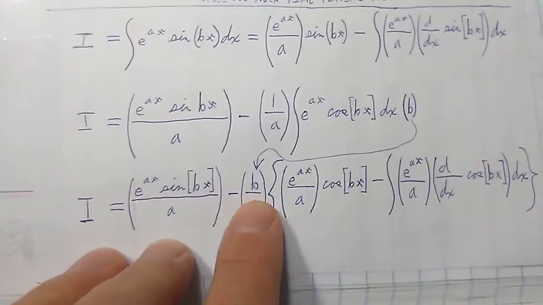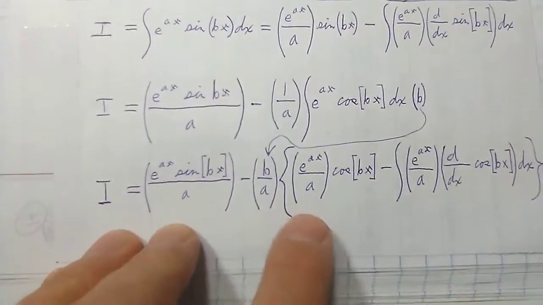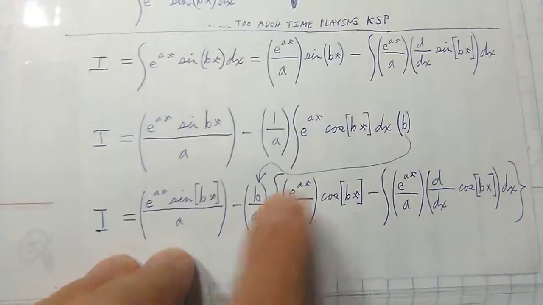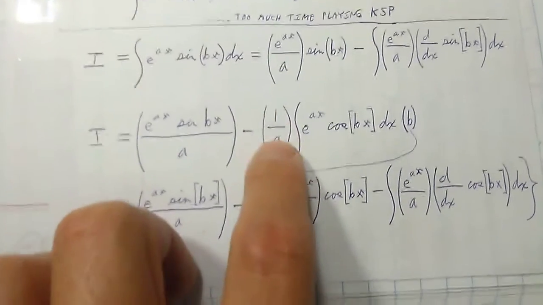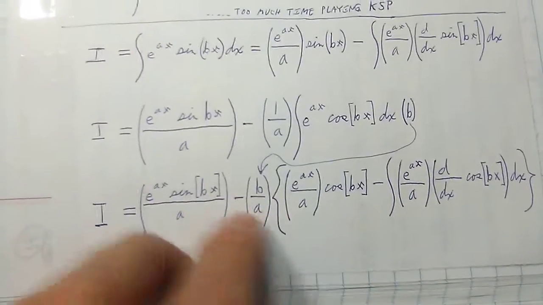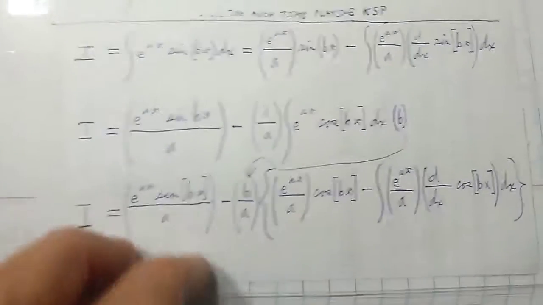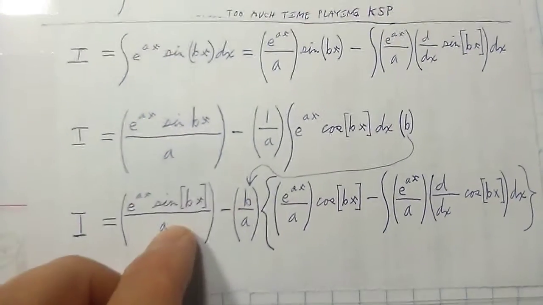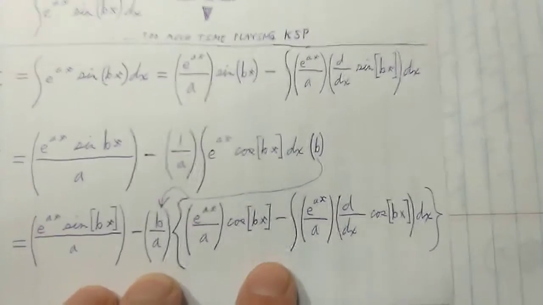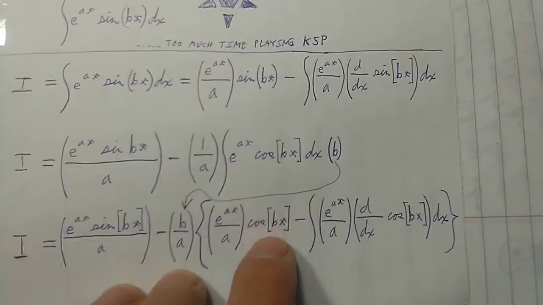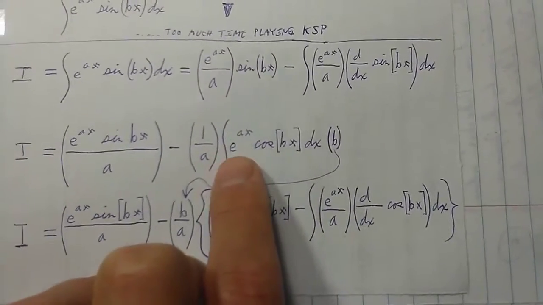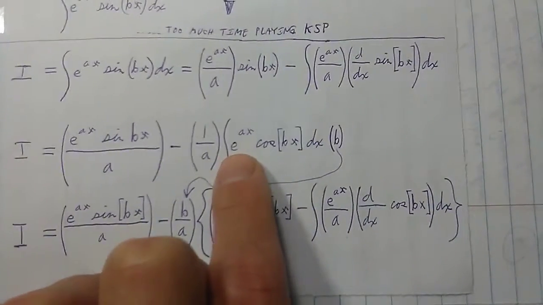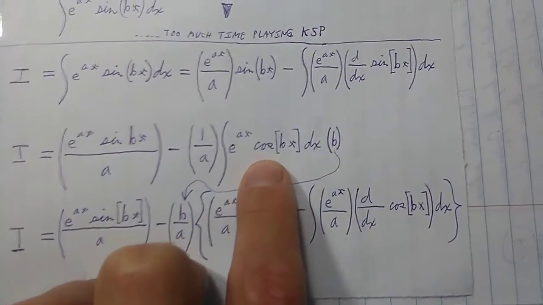And then coming down here, we carry through the b terms, so we end up with b divided by a, which we get down here, b over a. This first term stays the same. And then inside we now have the integral of this thing, e to the ax multiplied times cosine bx.